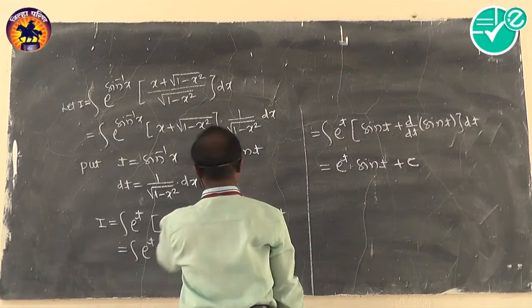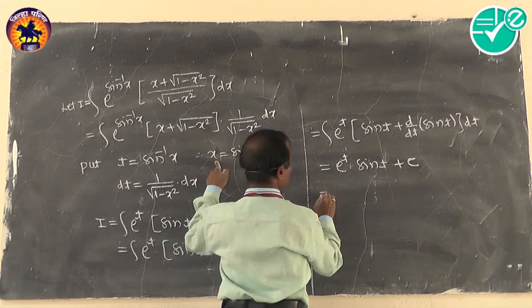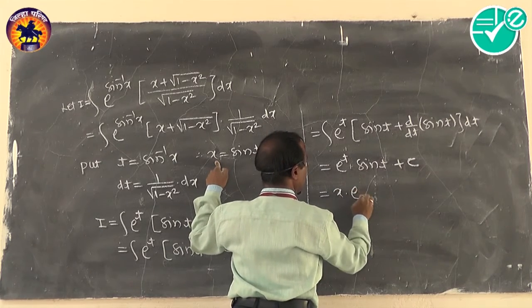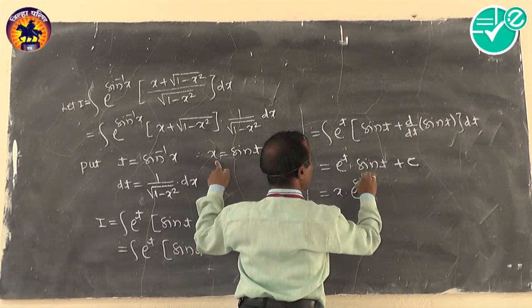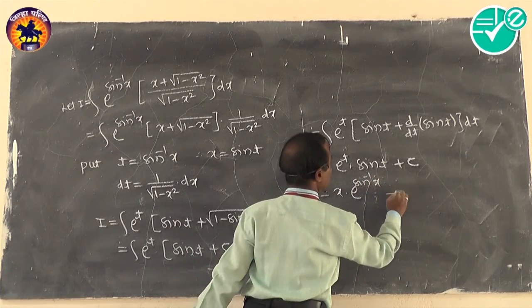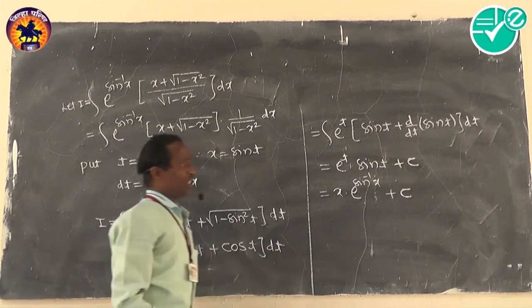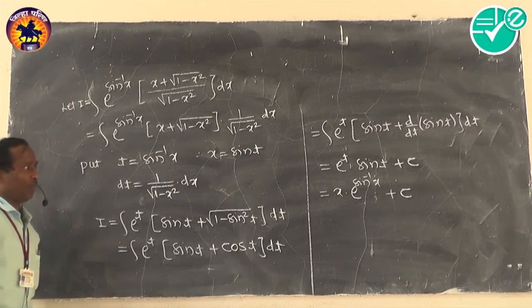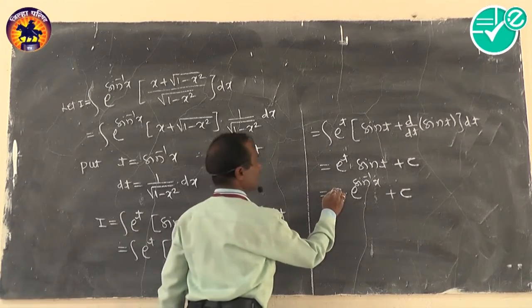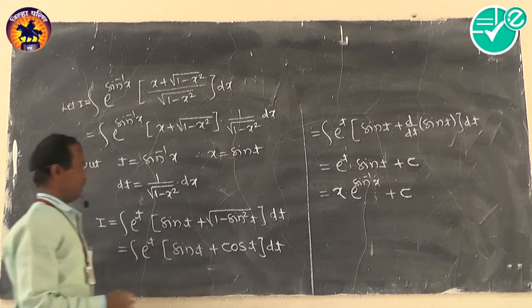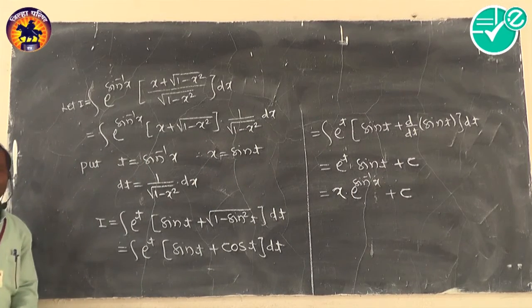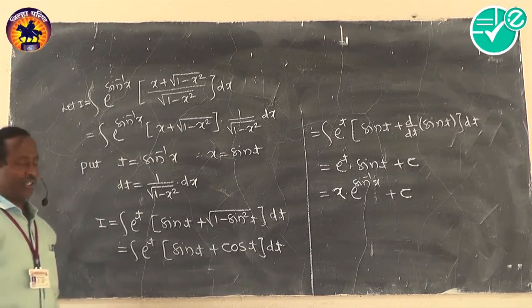And what is the value of sine t? x. So x into e to the power sine inverse of x plus c. So this is the integration of this function. This is the last example on this method.